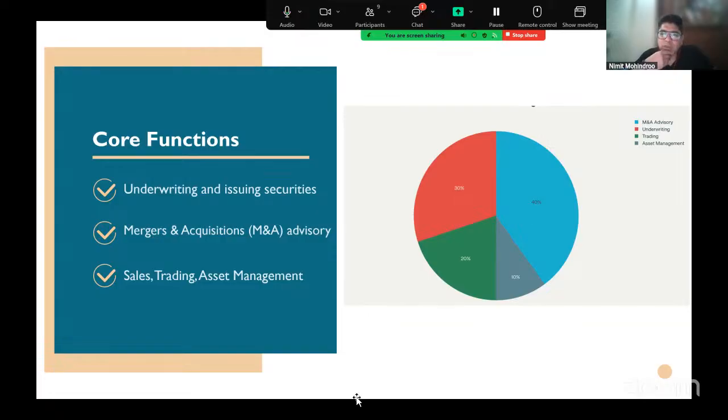M&A advisory holds the maximum, which is about 40%. Underwriting, also known as capital raising, is what we hear in the news as big stories of fundraising billions of dollars, and that is 30% of investment banking's functions. 20% is sales and trading, and 10% is wealth and asset management.